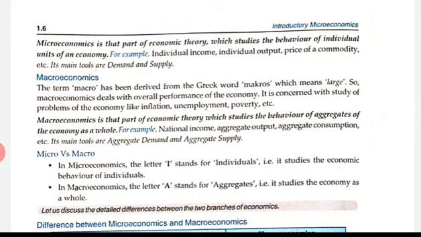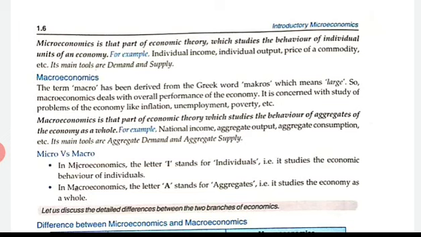Micro versus macro. In microeconomics, the letter I in micro stands for individual, so in this branch we study the economic behavior of individuals. Whereas in macro, the A stands for aggregates, that is, it studies the economy as a whole.